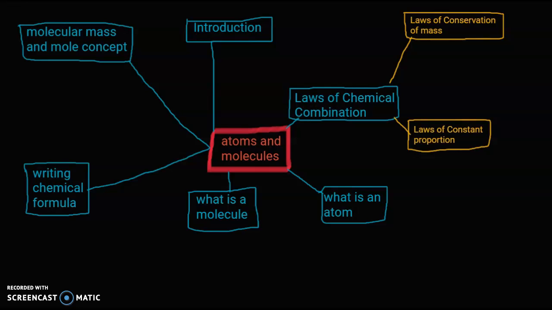So the mass of the reactants and products will be the same. That is, if the mass of the reactants is 10 grams, then the mass of the product also should be 10 grams. That is what we call conserving the mass. That mass remains the same even after a chemical reaction has taken place.